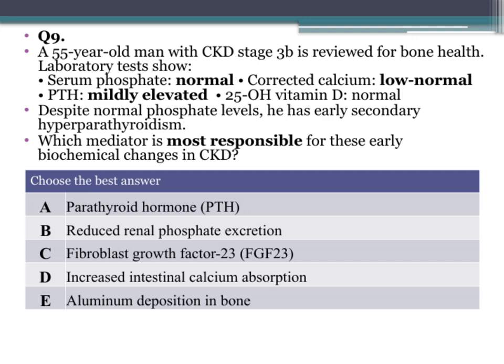It helps explain why PTH starts to rise even when phosphate levels haven't increased significantly yet. So, understanding FGF23's role helps us grasp the initial biochemical adjustments the body makes in response to declining kidney function, aiming to maintain mineral balance. Recognizing this early activity is vital for managing bone health in CKD patients effectively.